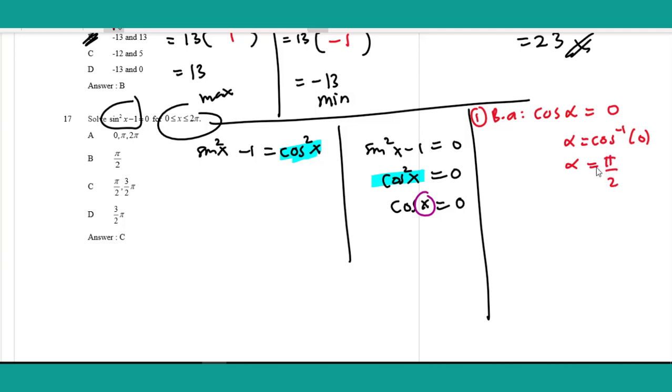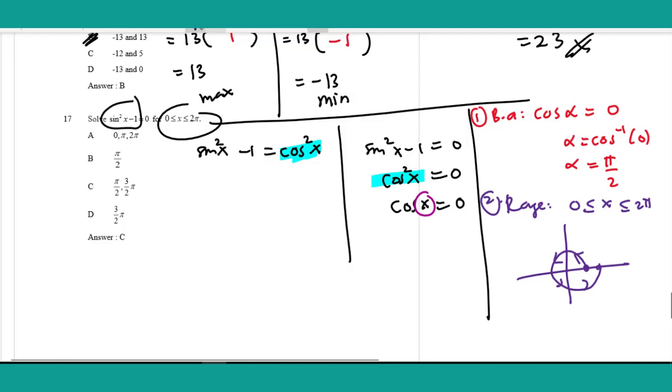90 degree or pi over 2. And the second is range. Given x lies between 0 to 2 pi. So on the plane, because it is positive, follow anti-clockwise to here, just one round, because the end is 0 or 2 pi.